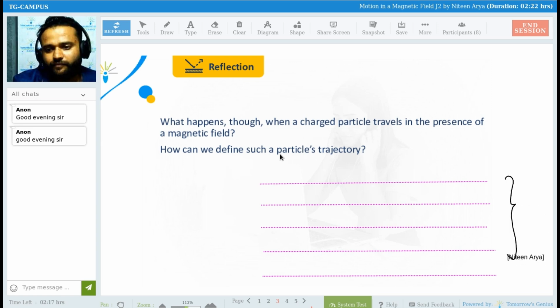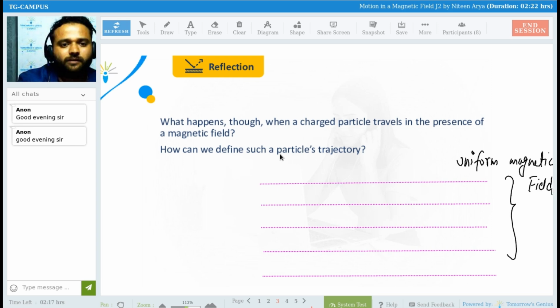First of all, uniform magnetic field. Okay. So what happens when this particular charged particle, suppose having charge q, starts moving with some velocity v?